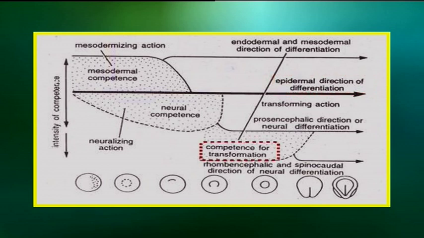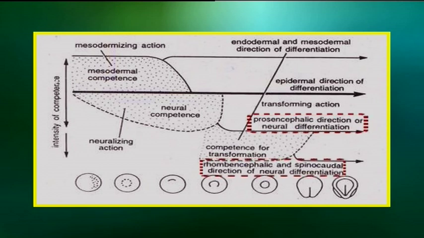Late neurula epidermis, no longer convertible into neural tissue, becomes competent to respond to other inductors under the influence of the eye vesicle, hindbrain and forebrain respectively.